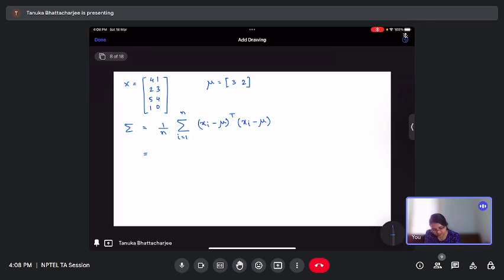Here we have 4 samples, so 1 by 4. For each of them I have to subtract the mean from the data point. The mean is 3, 2. So first I subtract 3, 2 from 4, 1, and the first data point after subtraction of the mean becomes 1, minus 1.